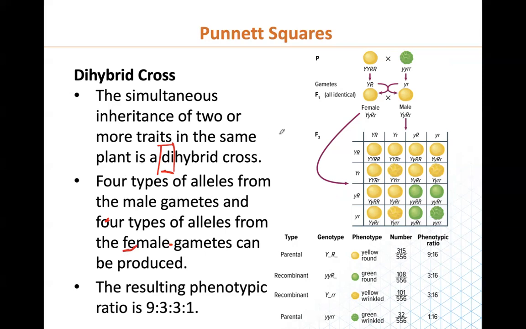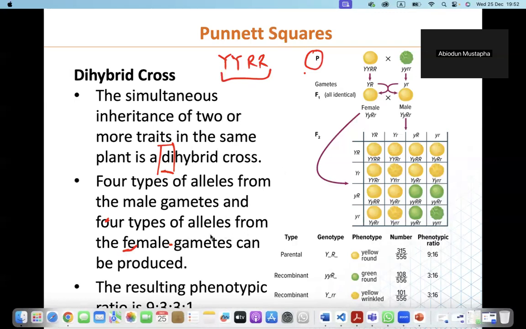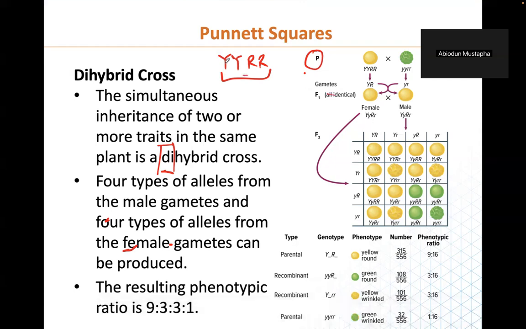So you have four alleles for the male, which is the parent. The parent has homozygous dominant for color. What I'm saying is, you have homozygous dominant color and homozygous dominant smoothness.